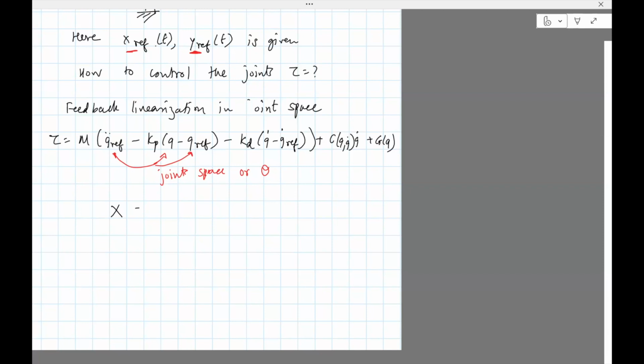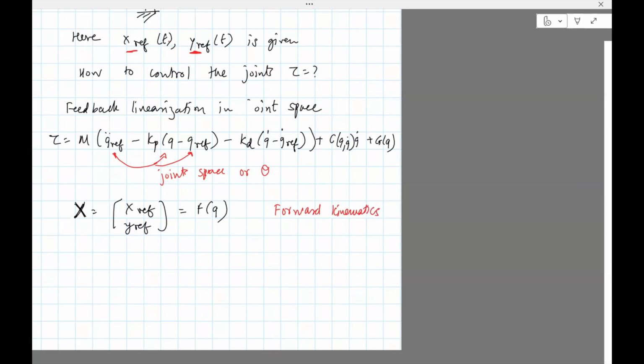We can write x equals f of q, or let me write it in a different way. X ref, y ref, let's call this capital X, is f of q. This, if you recollect, is also known as forward kinematics, right?